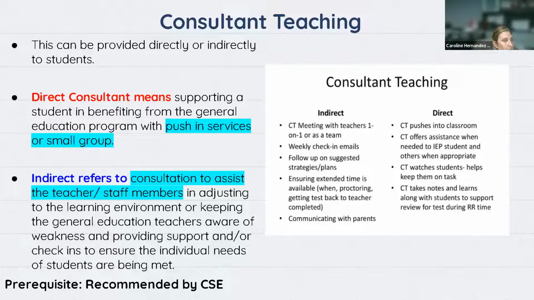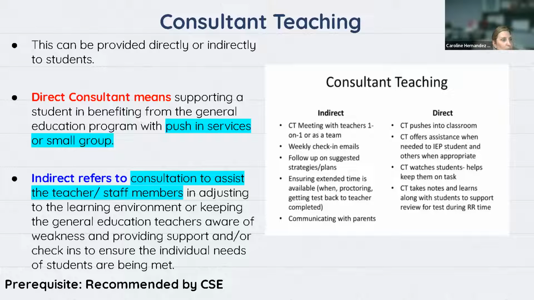They might do assistance with the student's IEP needs as outlined. It might help keep the student on task. It might take notes and also learn along with the student so that they can support them later in a resource room setting. The indirect consultant model is when the teachers meet one-on-one or as a team.